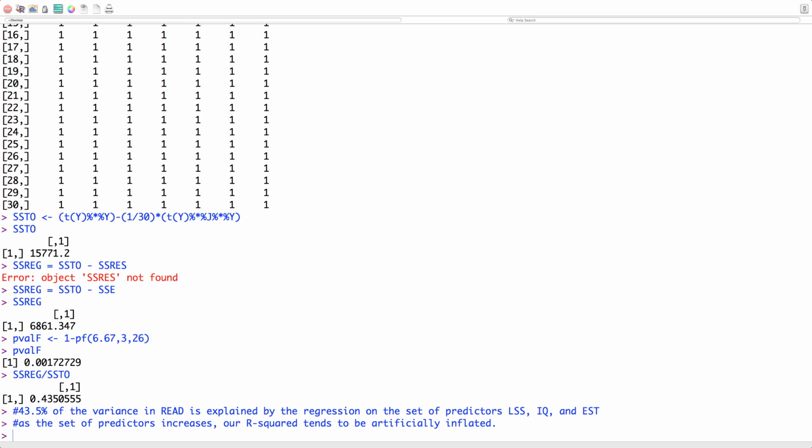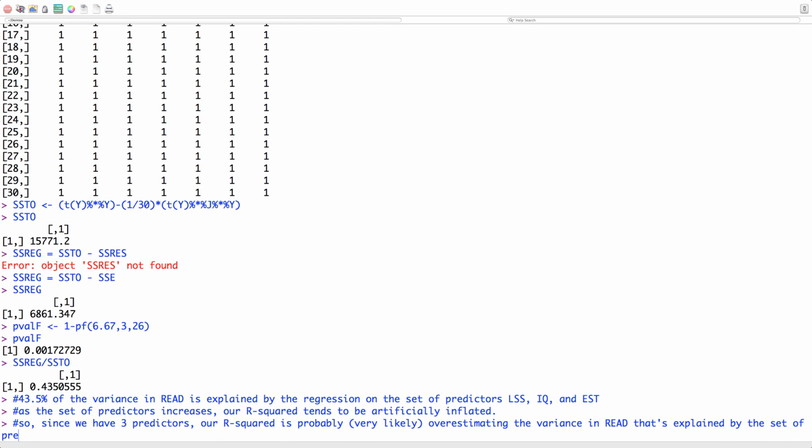So since we have three predictors, our r squared is very likely overestimating the variance in read that's explained by the set of predictors.